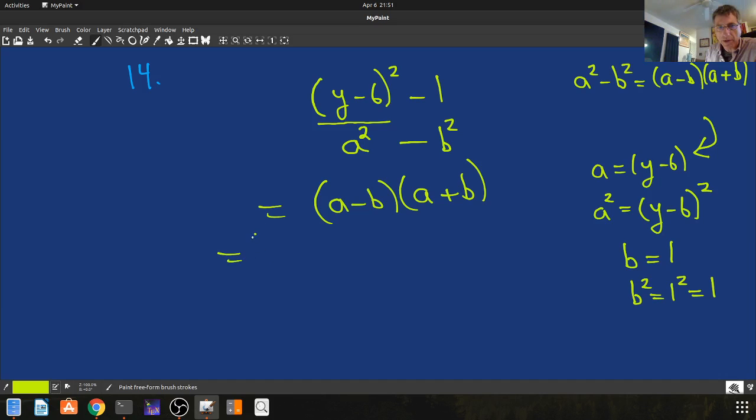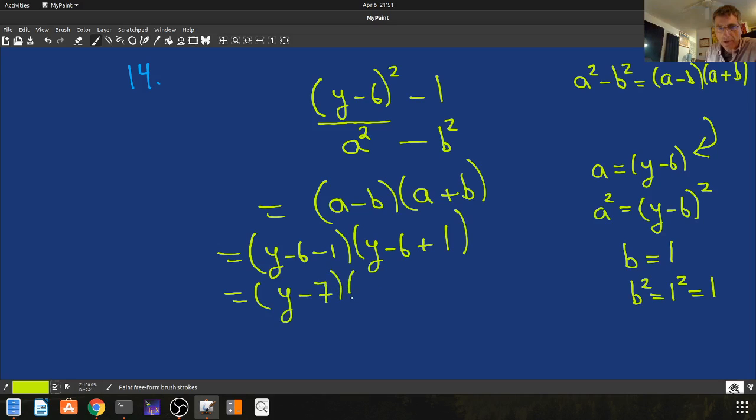So let's simplify. A is equal to y minus 6. B is equal to 1, so that's minus 1. So that simplifies to y minus 7, because minus 6 minus 1 is minus 7, times y minus 6 plus 1 is minus 5.